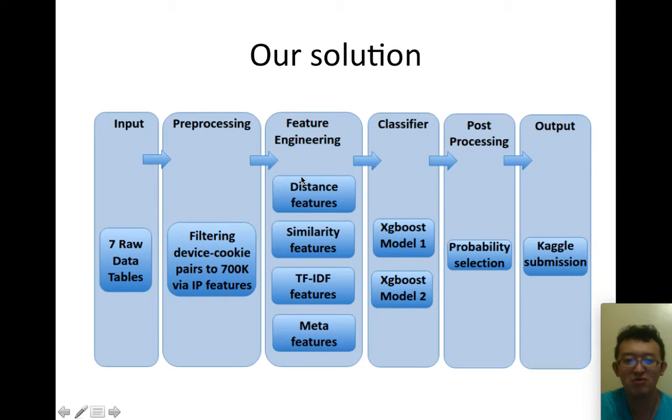We build several types of features, and I will talk about them in detail later. The classifying is pretty simple and not interesting at all. Everybody uses XGBoost now. It also requires a post-processing stage because we need to translate the probability predictions to the predictions for the IDs.